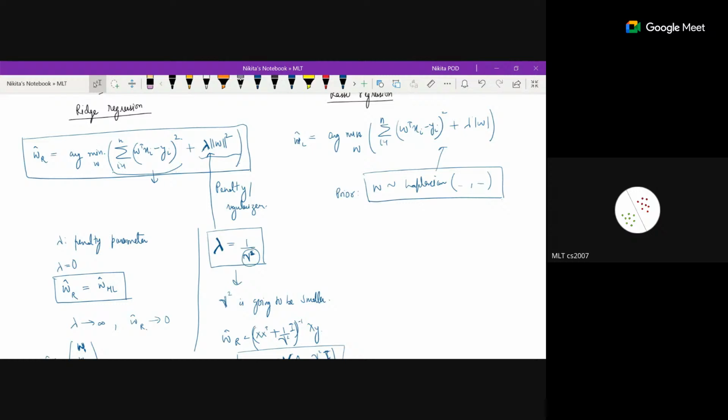You saw that when lambda is 0, it becomes my simple linear regression problem, with my original loss function.